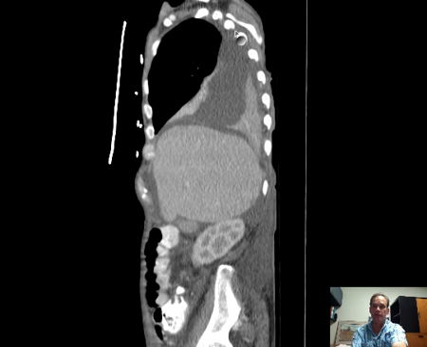So bear in mind that on a lateral view, you ordinarily would see just an oblique fissure going in this direction on a lateral chest radiograph, and you would know that inferior to that is the right lower lobe, and superior and anterior to that in this area would be the right middle lobe and the right upper lobe.